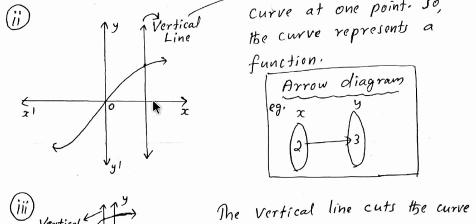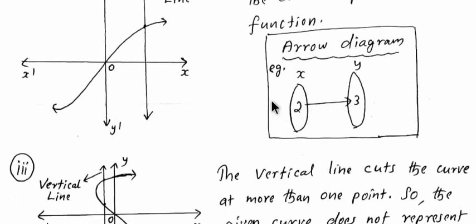Here is the corresponding value, the cutting point. The y value may be 3. Take 3 here. Then put an arrow mark from 2 to 3. Here there is only one image, a unique image. Therefore, we can say this arrow diagram represents a function, or this graph represents a function.